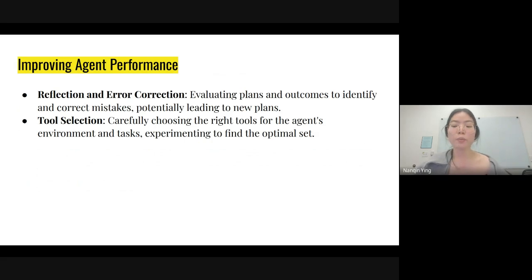But it also means you have to select the right one from the lot of tools you have for the agent to execute the task.